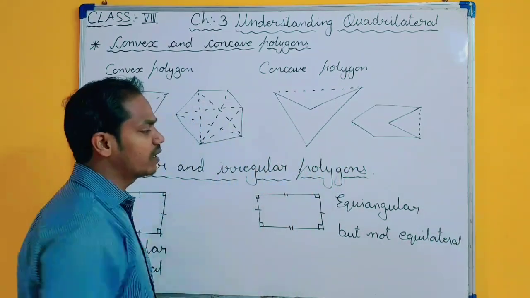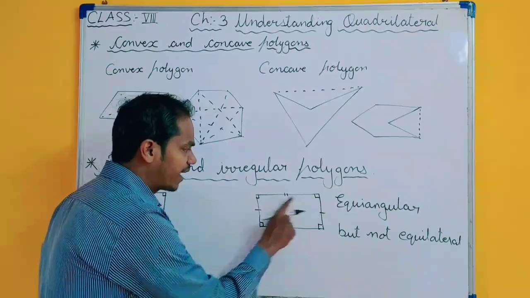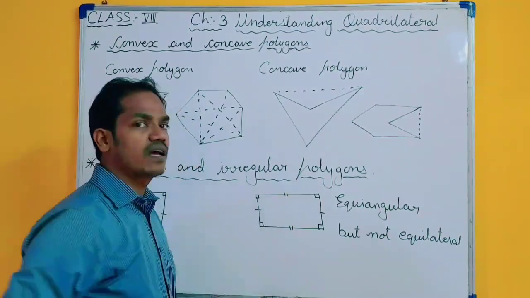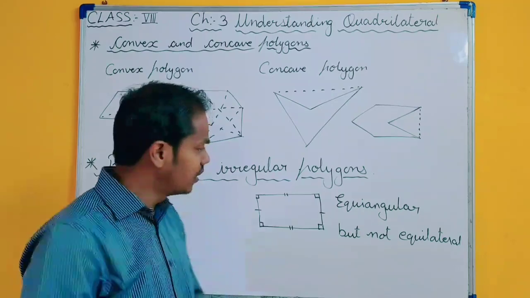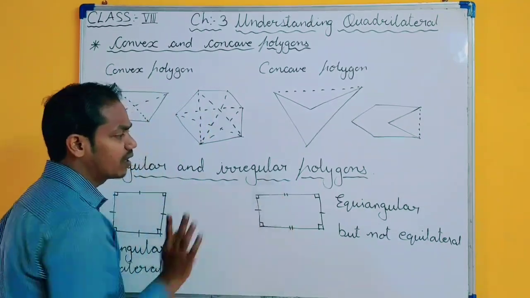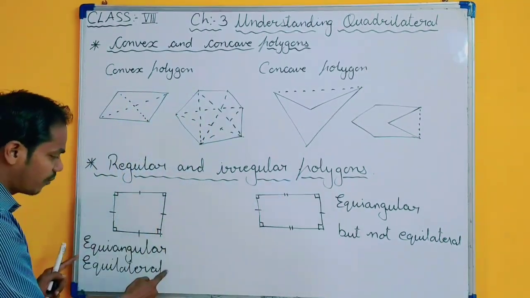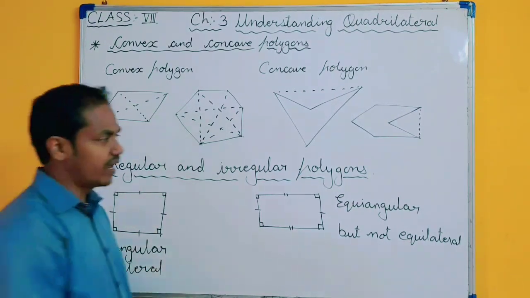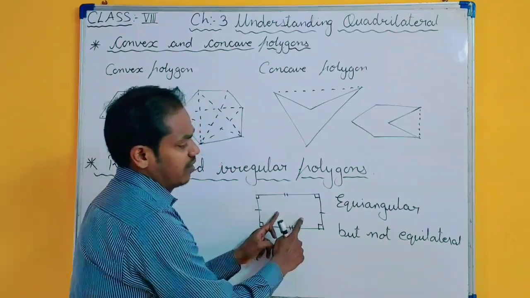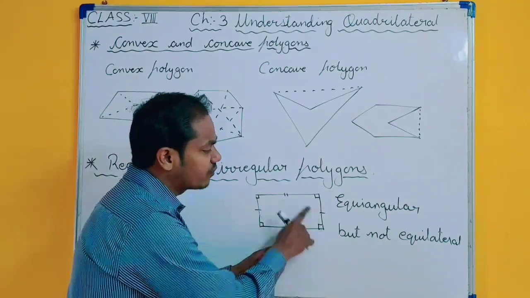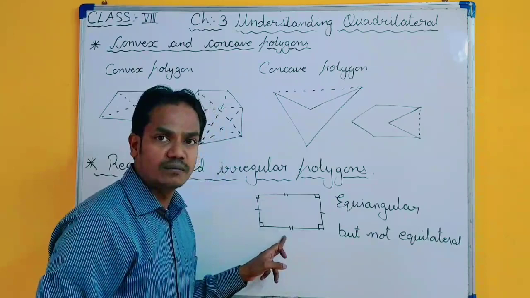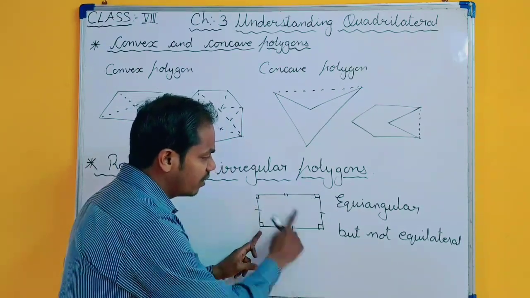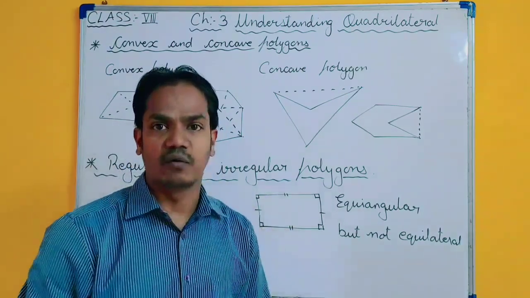Angles are equal, but all four sides are not equal. So this is an example of an irregular polygon. This is a regular polygon, equiangular plus equilateral. Remember these two words. An irregular polygon is when either of the two is not the same. Angles are equal but sides are not equal.